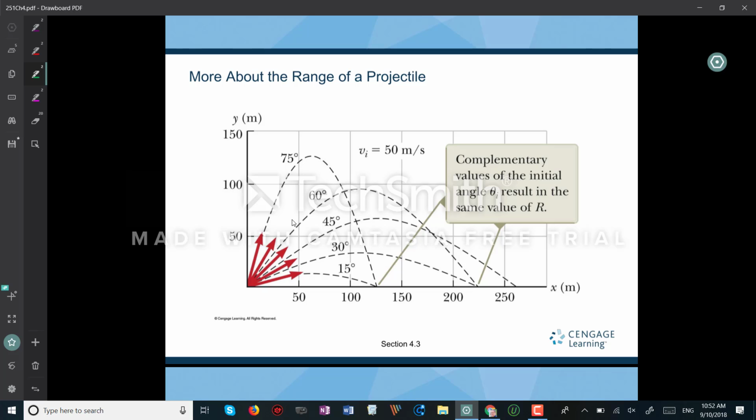And so as you see, for every angle below 45 degrees, say this one is 15, the angle above that will be what? 45 plus 15 is 60, right? They will have the same landing spot.